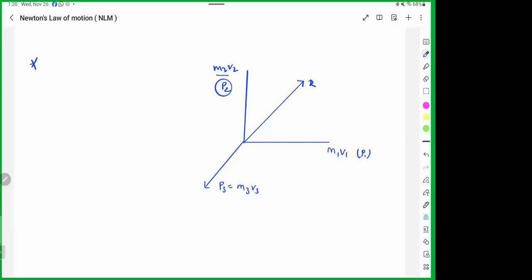How to calculate? Based on this situation, you will take the resultant of P1 and P2. So P1 square plus P2 square, then under root will be equal to P3.